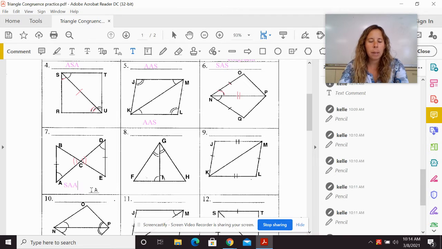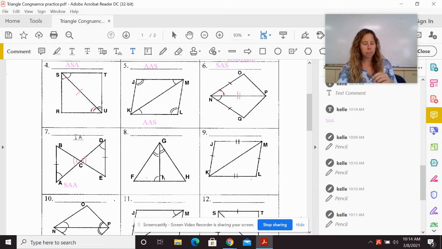That works. You can keep it like that, side, angle, angle, or you can write angle, angle, side. They mean the same thing, so either one's fine.